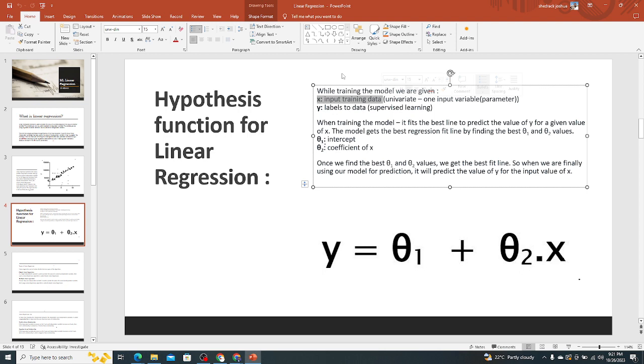And also for linear regression, in terms of predicting, if you create a predictive model, definitely you will also talk about linear regression as a supervised machine learning.